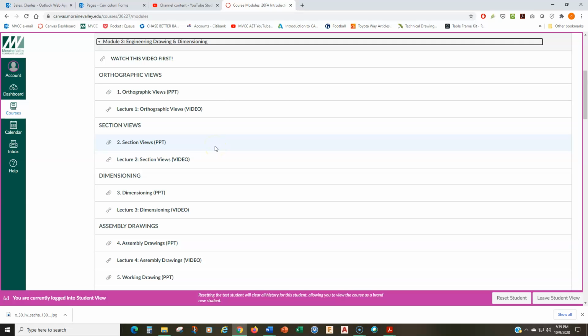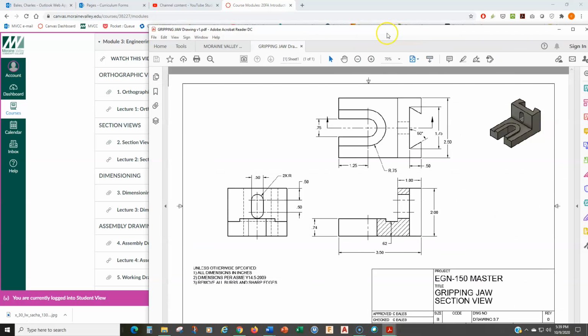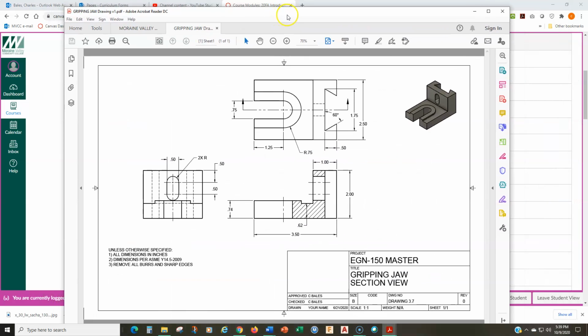The largest error that I saw over and over and over again was not being able to create orthographic views. When I say orthographic views, you should know from the PowerPoint and from the lecture videos that what we're talking about are views that are aligned with each other, i.e. a front view, a top view, and a side view.